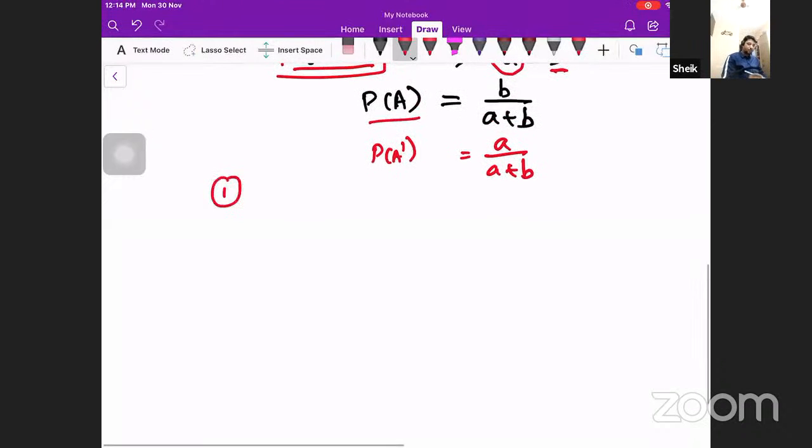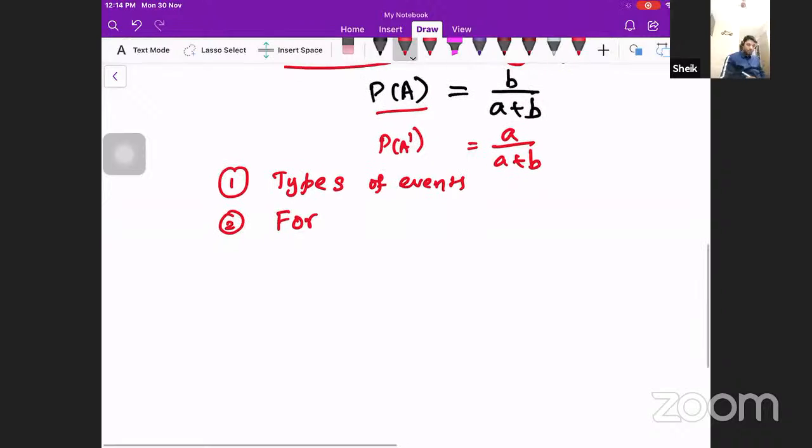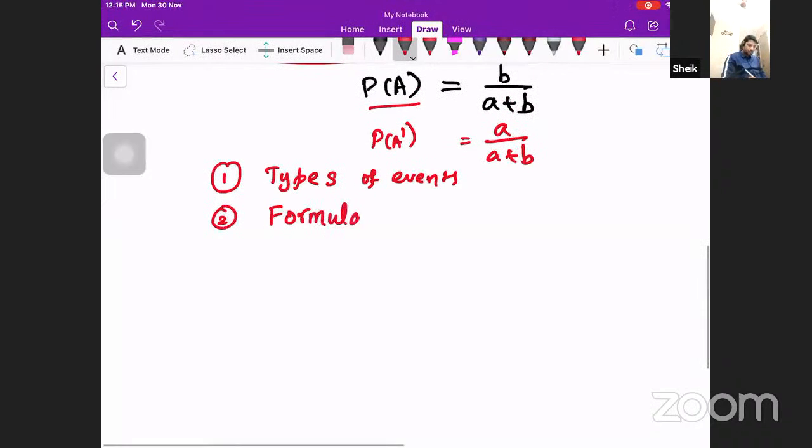So what are the things we have discussed so far? First, in the last session, we discussed types of events. Second, we discussed formulas based on probability.